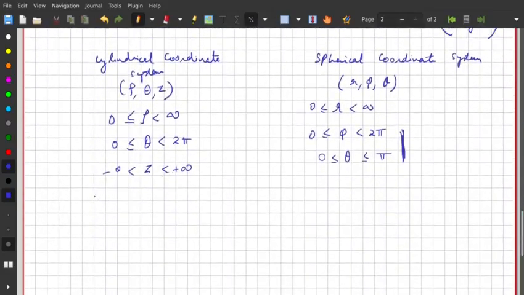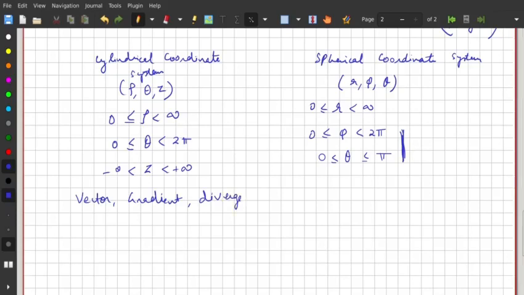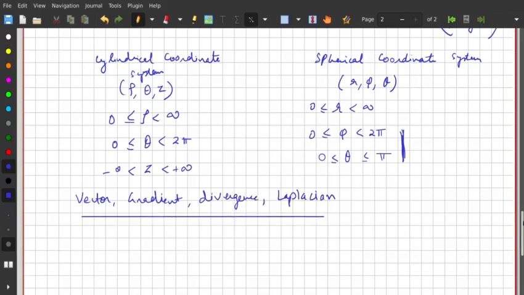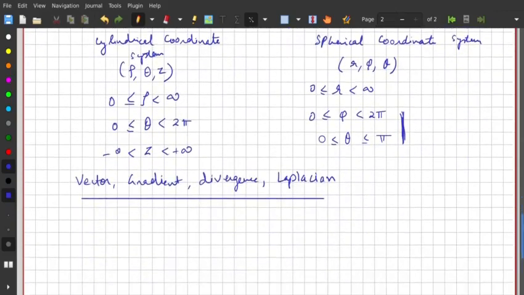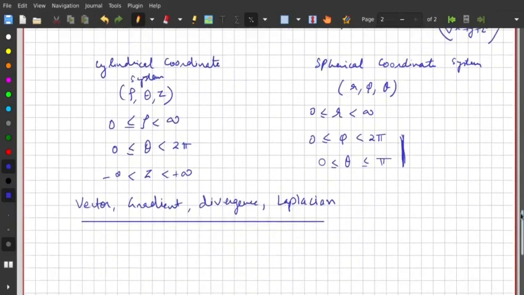That means we need to know how to write quantities like a vector, the gradient, the divergence, the Laplacian. So that's the aim that we have in our mind. We have to represent all these quantities in different coordinate systems. That's the goal.